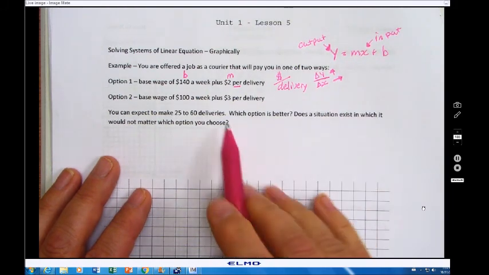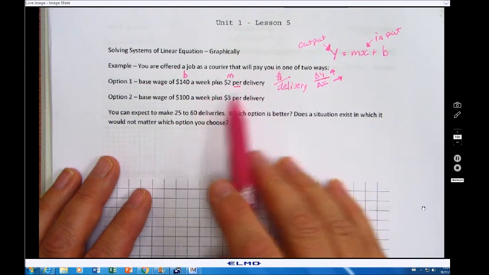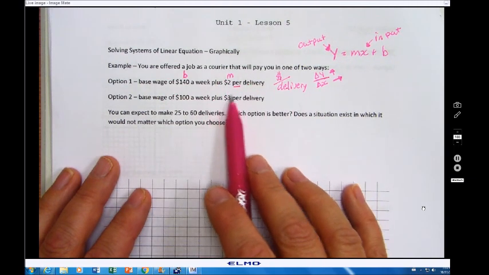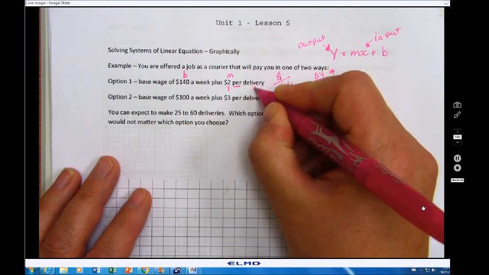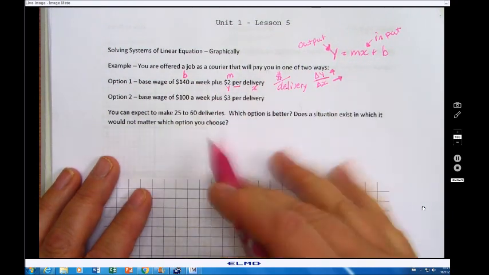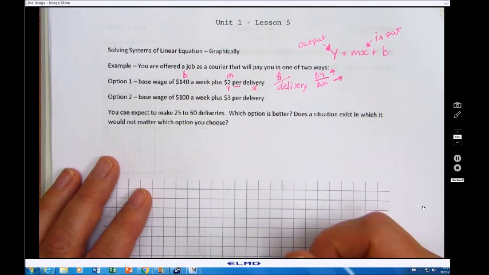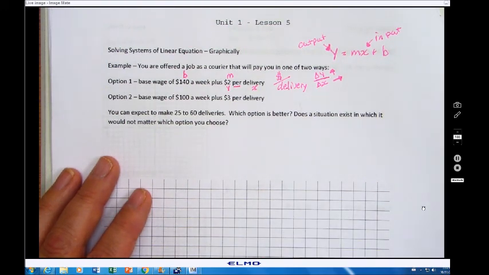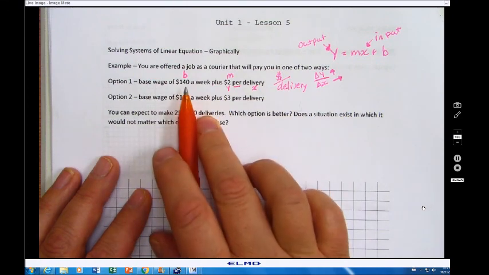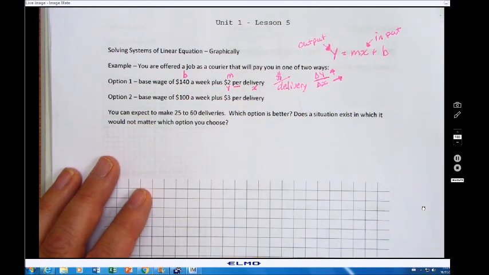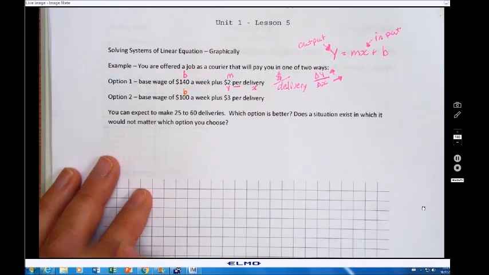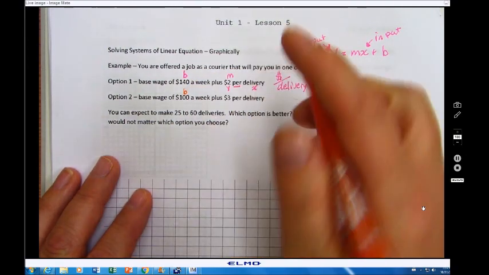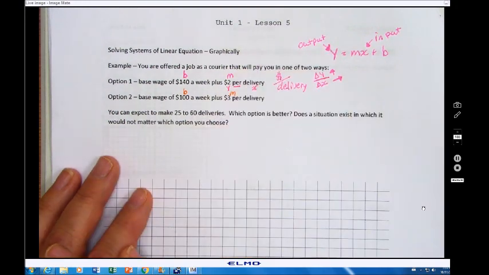So if you're not sure what x and y is, if you look at the slope, your y is first and your x is second, when it's written amount per whatever amount it might be. So that's for option 1. Our b is 140 and our m, or our slope, is $2. And for option 2, our b is 100 and our slope is $3 per delivery.